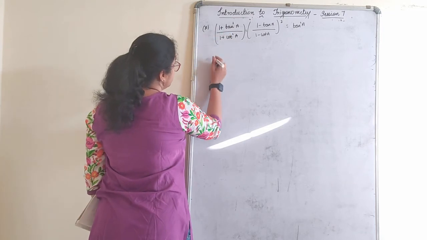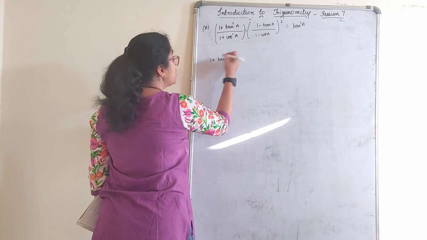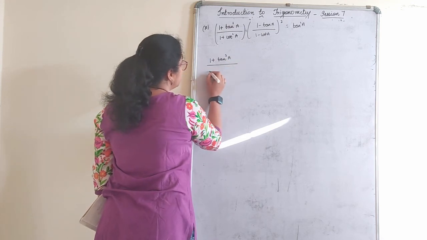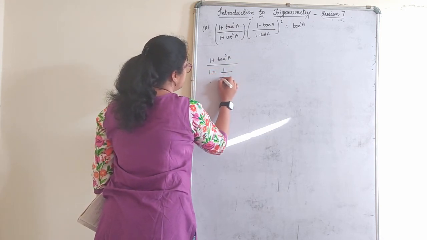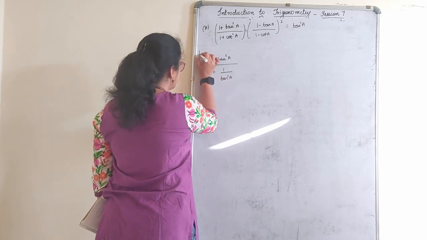So, first part, I will not use trigonometric ratios, I will use quotient ratios here. 1 plus tan square A upon 1 upon cot square A. It will be easy for me to solve, that's why.